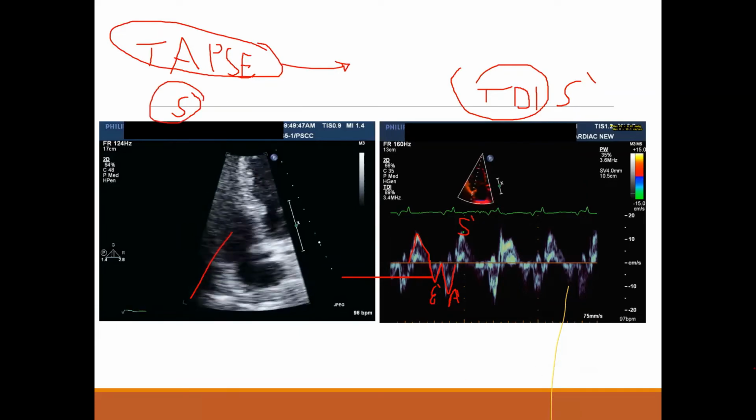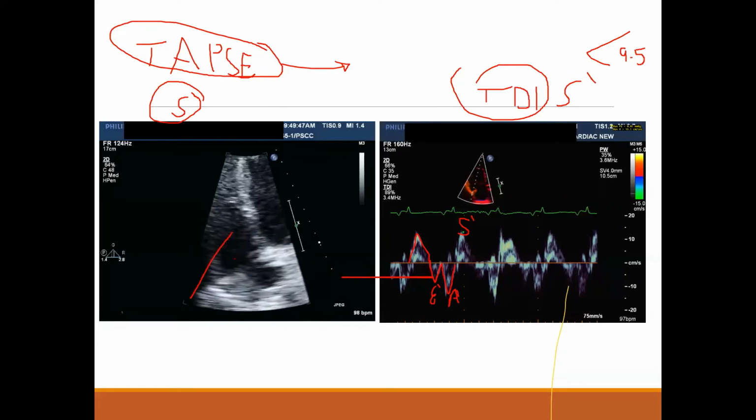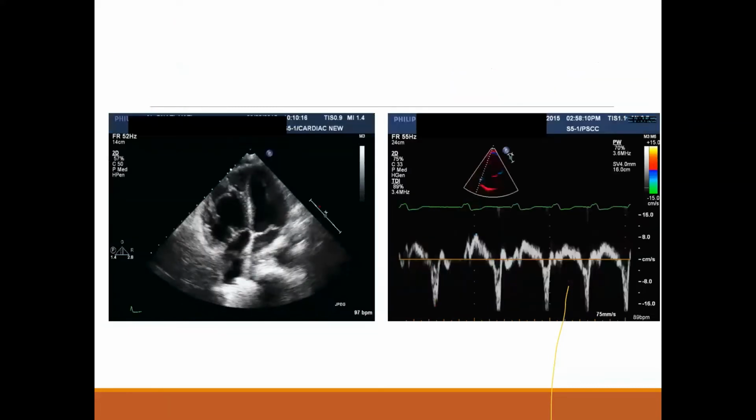But remember, S prime is also used, and a velocity lower than 9.5 centimeters per second indicates impaired RV. We obtain it from the same location as we obtain TAPSE. Yes, the same. You see here.